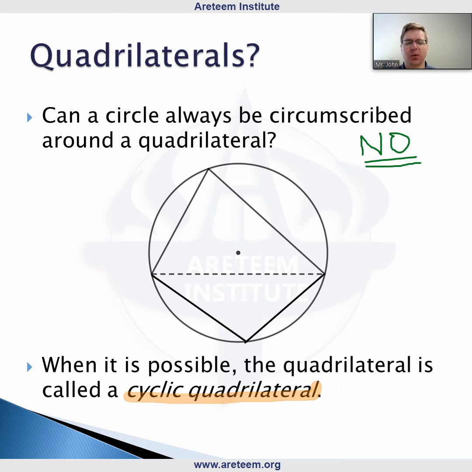And when it is possible, we say we have a cyclic quadrilateral like this. Again, we don't have this terminology for triangles because it's always possible. You could say every triangle is a cyclic triangle, so that would make sense still. Cyclic is used for other shapes. If you have a pentagon, you could have a cyclic pentagon. But cyclic quadrilaterals, being one step up from triangles, are more of the famous examples to think about. And there are a lot of nice properties that we're going to talk about today as well.